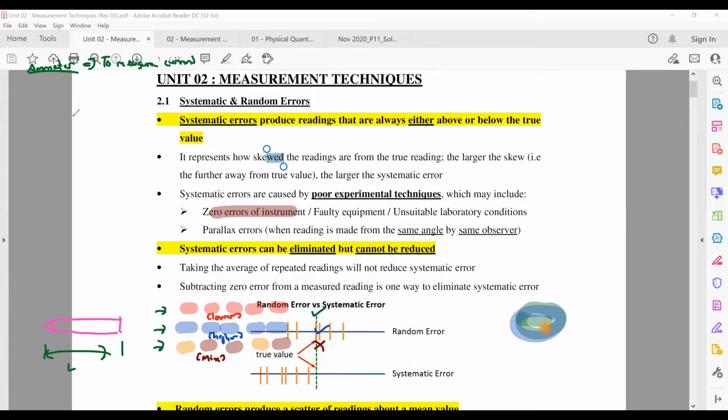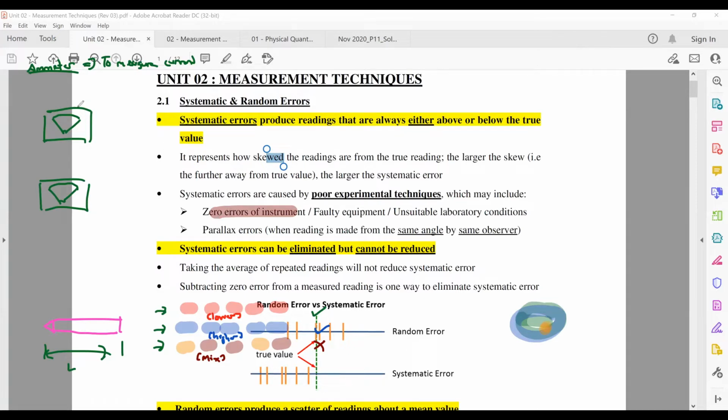When you're using an ammeter, there's a kind of ammeter called an analog ammeter that looks something like this. There's a box-looking package, and then there's a readout where you see a needle. So when you're talking about zero error of an instrument, it simply means this.